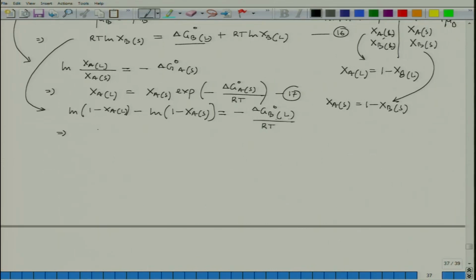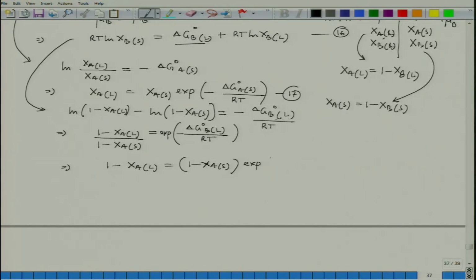Then I can write 1 minus XAL equal to 1 minus XAS exponential minus delta G0 BL by RT. So, we have equation 18.